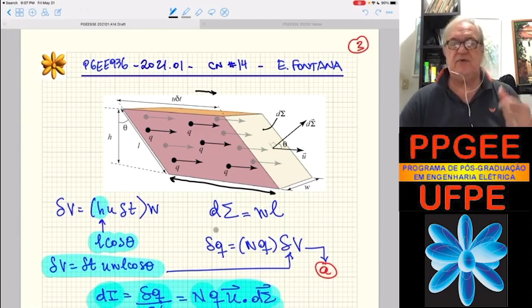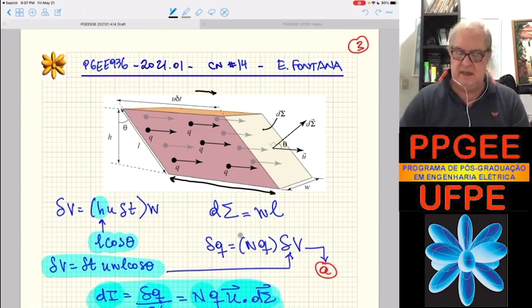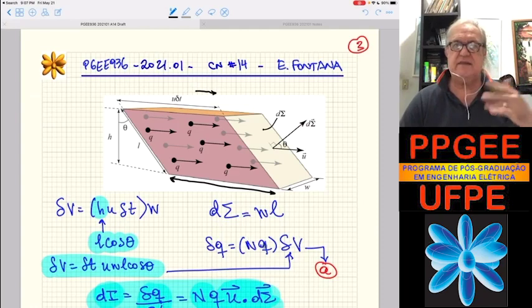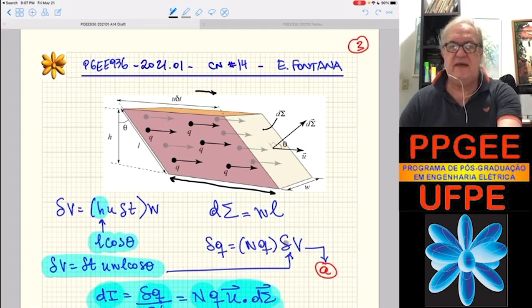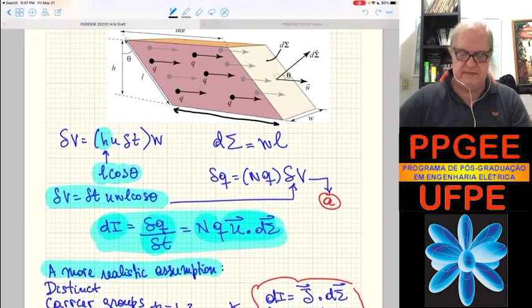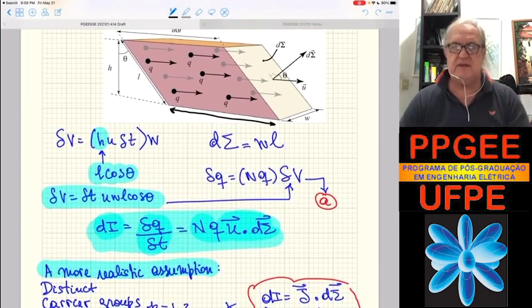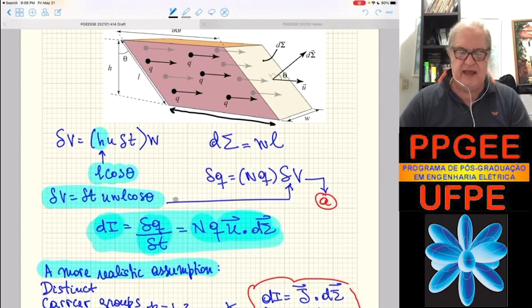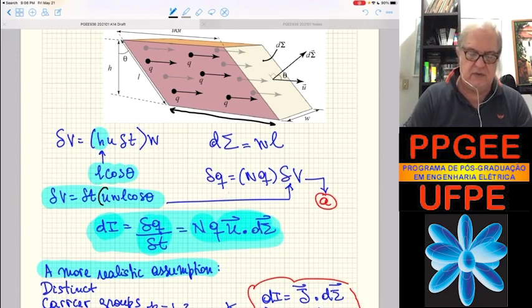So the charge: if you know the density of carriers, you have the density of carriers times the charge of each carrier, let's say electron, 9.1 times 10 to the minus 31 kilos, times delta V. Then we can calculate the total charge that flows across the surface, which is going to be delta Q divided by delta T. If you make the ratio, you can identify that you have here u times the area.